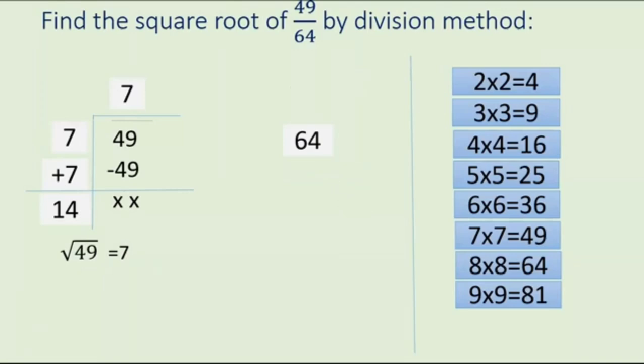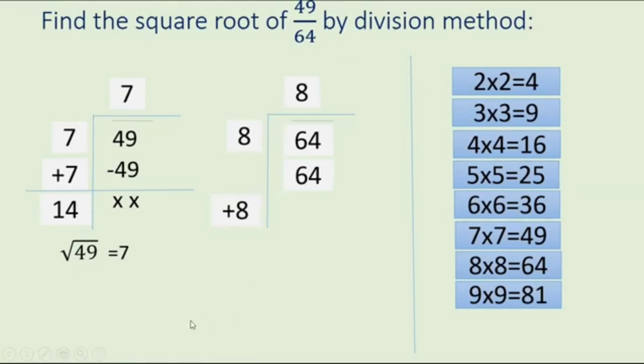So here I can take the number 8 into 8 is 64. Now on the left hand side, we are going to add the same number which is going to be multiplied. So we can add here 8 plus 8 is 16 and 64 minus 64 is cancelled. So we get the square root of 64 is 8.